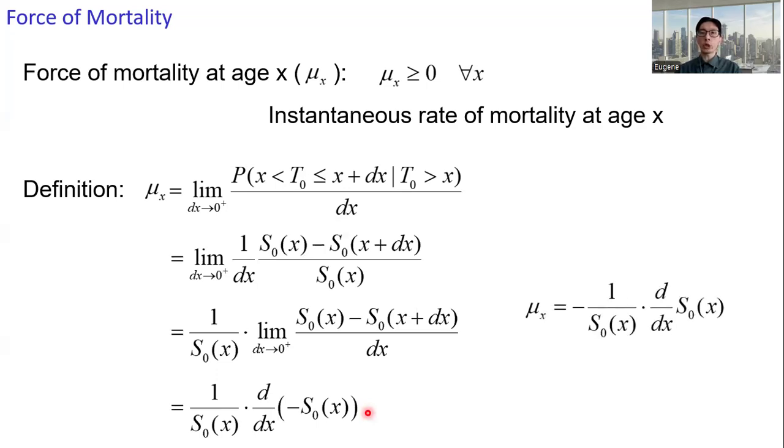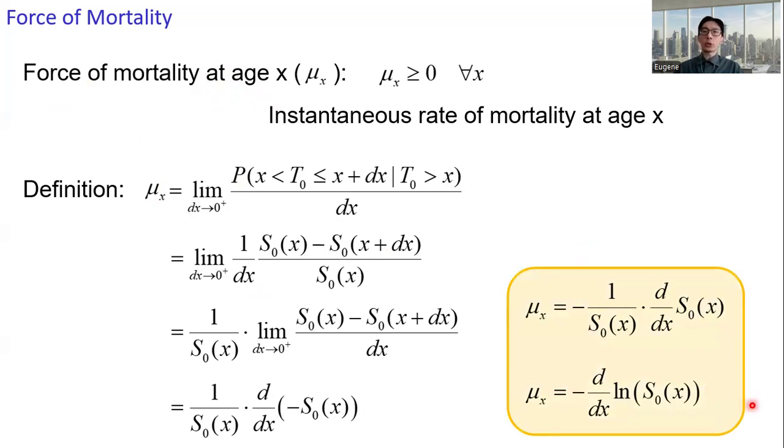So we get the relationship between the survival function for a newborn and mu x, the force of mortality at age x. The expression here can be rewritten as the negative of d, the natural log of S0, with respect to x.